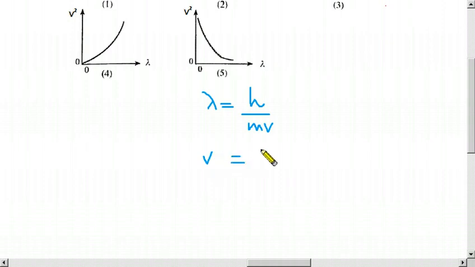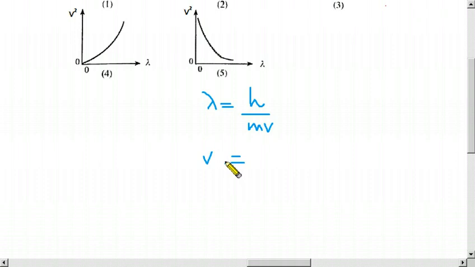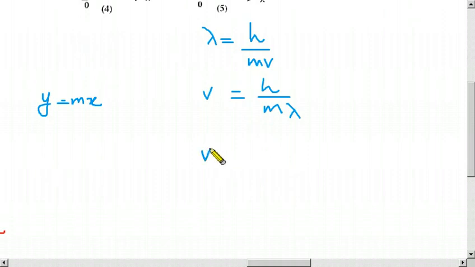Because they have taken v squared to the y-axis, we isolate v to get the shape y equals mx: v equals h divided by m lambda. Then take the square of both sides: 1 over lambda squared.